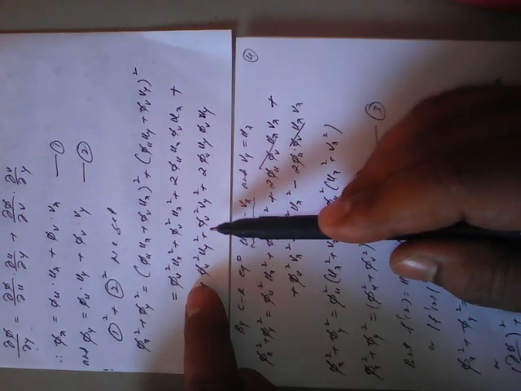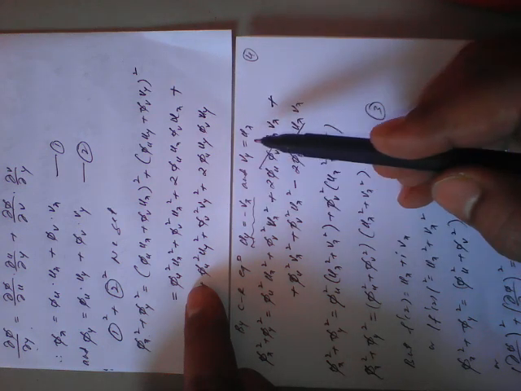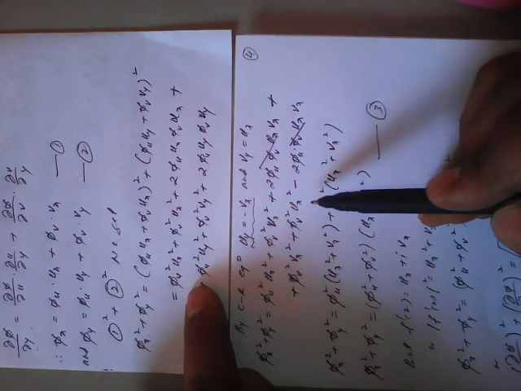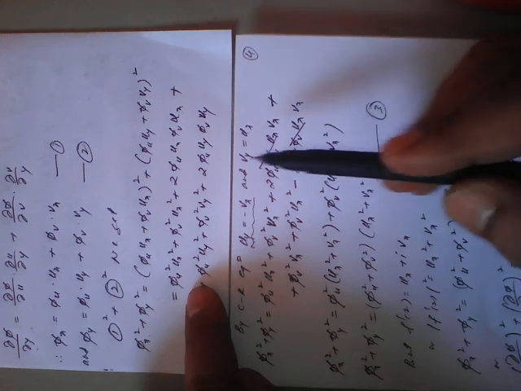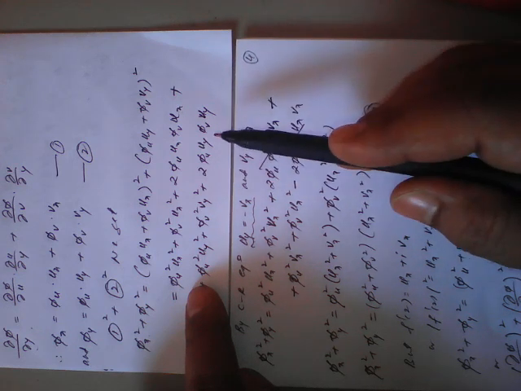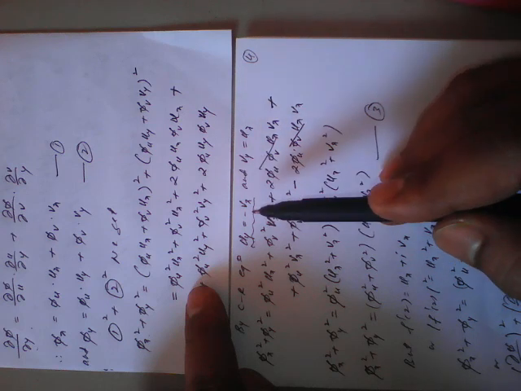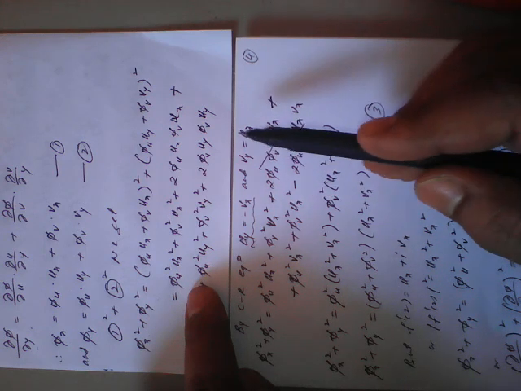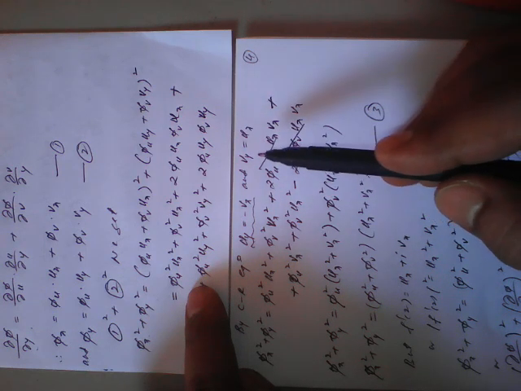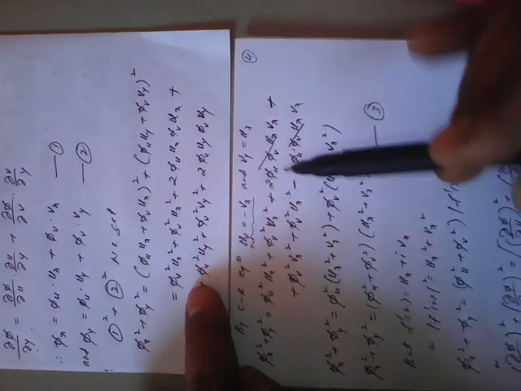Plus phi v square we will keep as it is, instead of v y square we will write u x square. Then the 2 times phi u phi v stays as it is, but u y is nothing but minus v x, so that minus I have written here, plus into minus is minus, and we write u x, and this v y is nothing but u x. So you have to rearrange, and both will cancel and simplify.